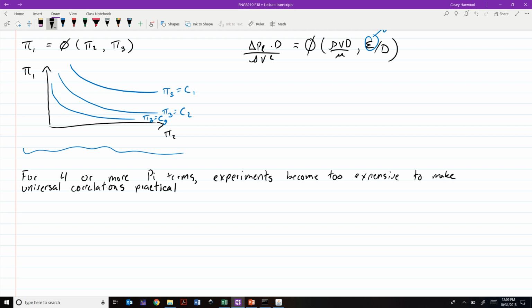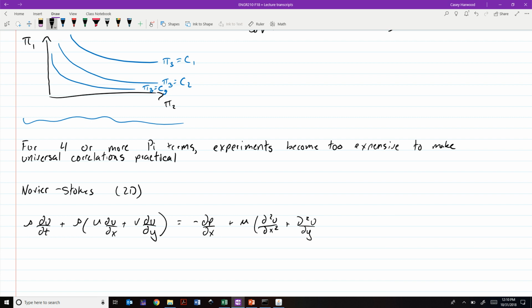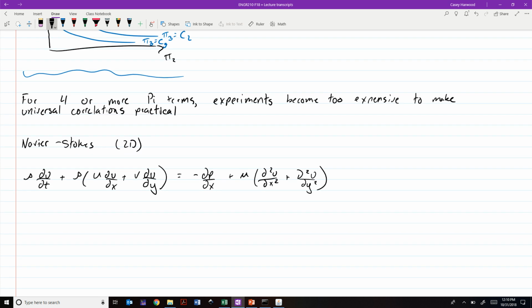So if we write out the Navier-Stokes equations in two dimensions, we've got rho du/dt plus rho u du/dx plus v du/dy equals negative dp/dx plus mu times d squared u/dx squared plus d squared u/dy squared, for the x momentum.